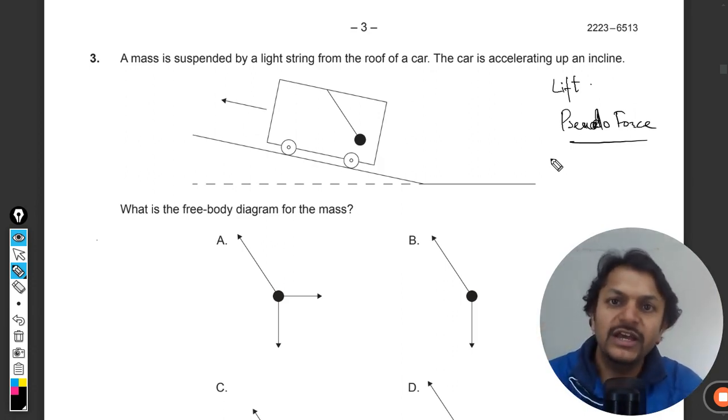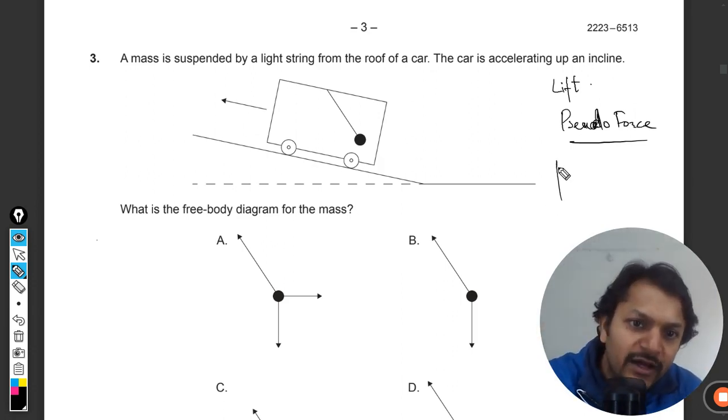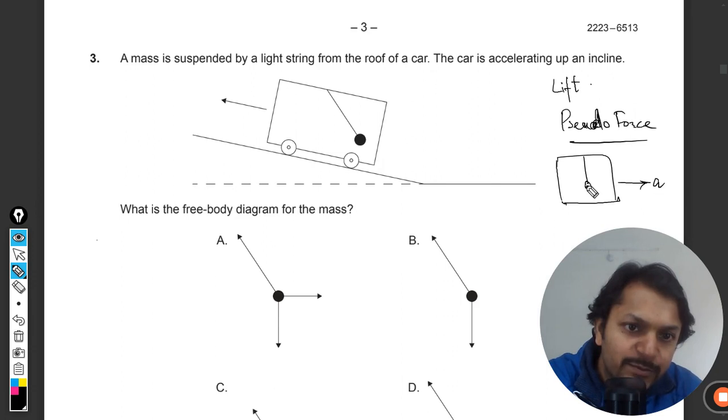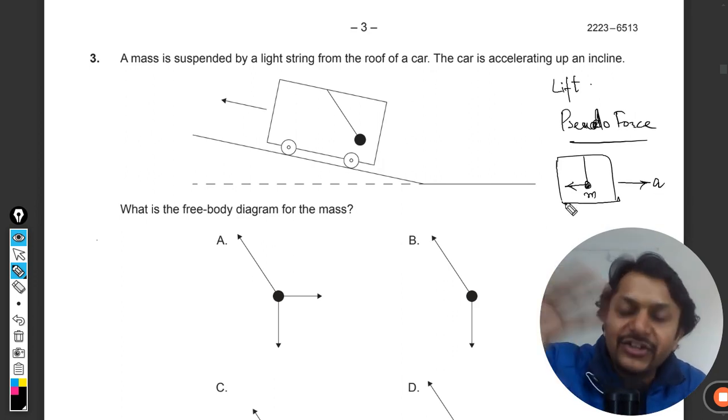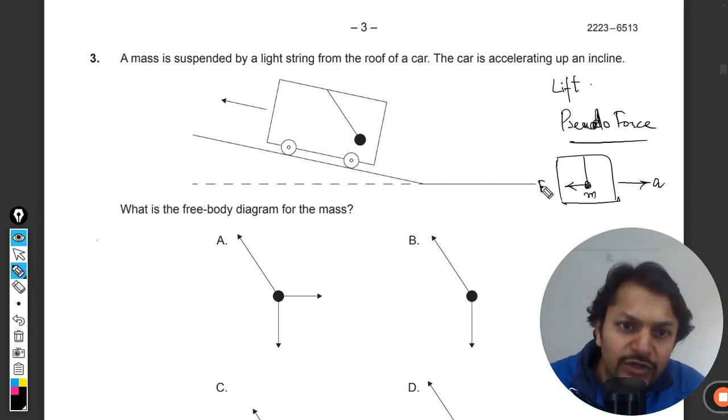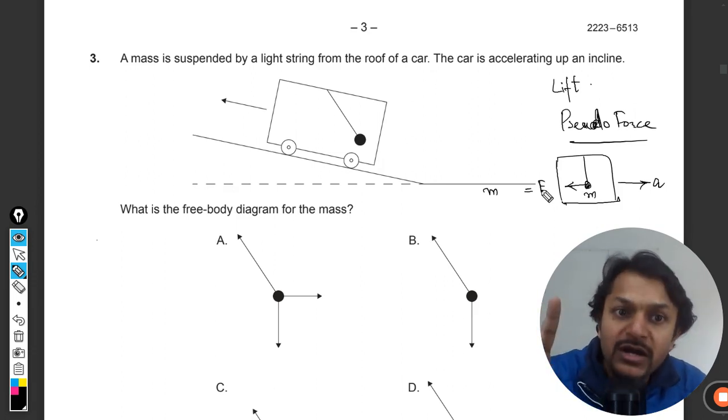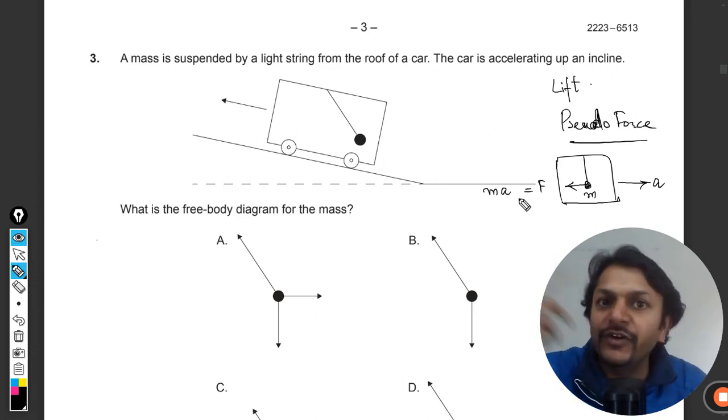That is pseudo force. Similarly, in this kind of case, when a car is moving with an acceleration a, there is a body present here, and even this will be experiencing a force. This is the characteristic of pseudo force: the force is given by the mass of the bob and the acceleration of the vehicle.